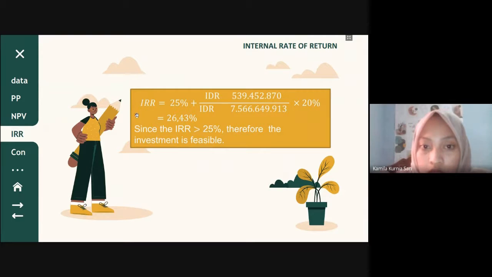So we get the IRR is equal to 26.43%. Since the IRR is greater than 25%, the investment is feasible. This is the result of the analysis using the internal rate of return method.